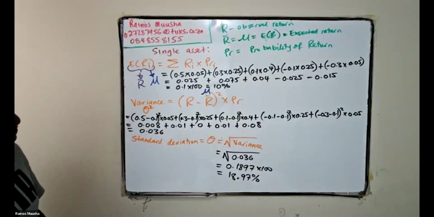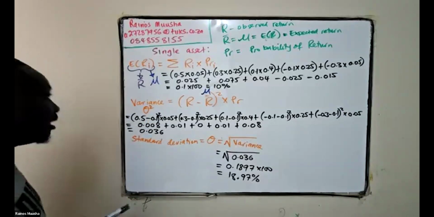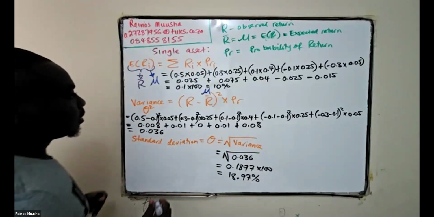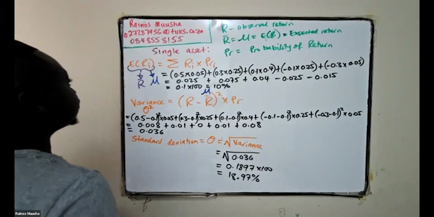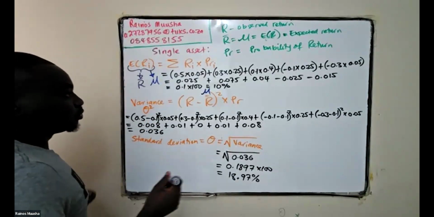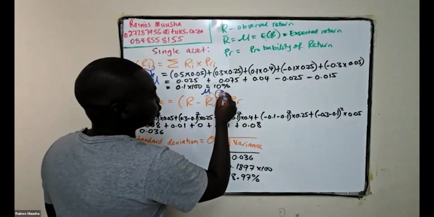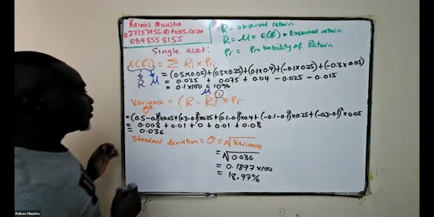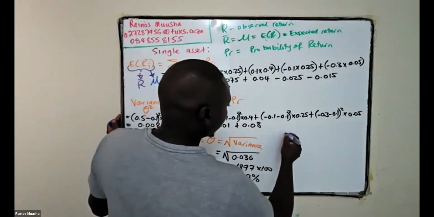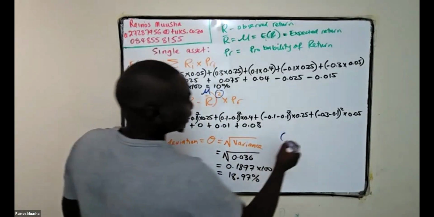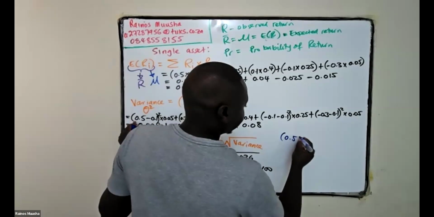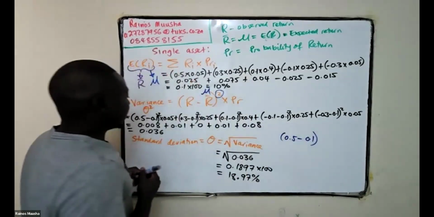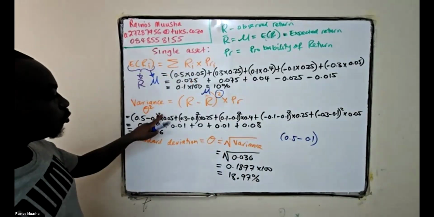Please note as well, what I suspect might be another question: remember we said this is to the power of 2. On your calculator, you open brackets, type in, for example, 0.5 minus 0.1, and close brackets. Now you want to put it to the power of 2.